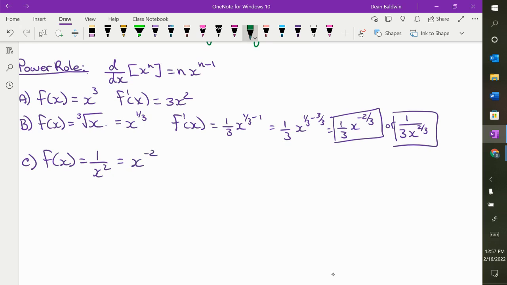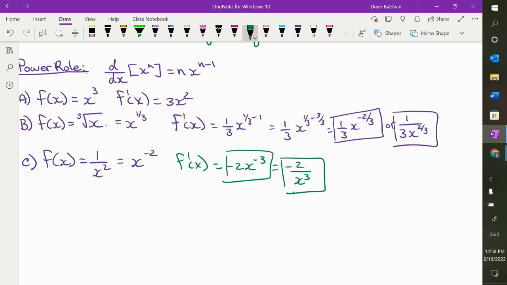And now we're going to do the derivative. So what do I do? Drop the exponent and then take away 1. If I take away 1 from negative 2, what do I get? Negative 3. Do not write 1. So you can either leave it like that, or you can leave it as negative 2 over x cubed. They're the same thing. Okay?